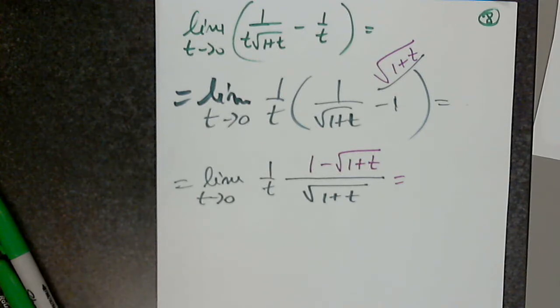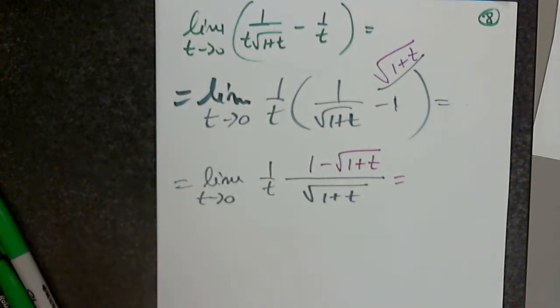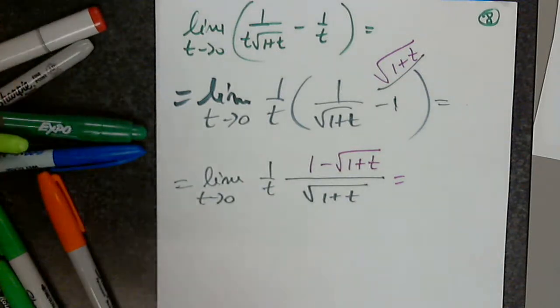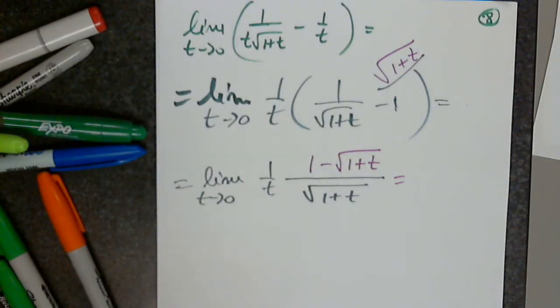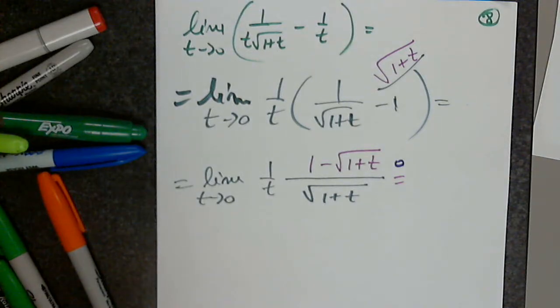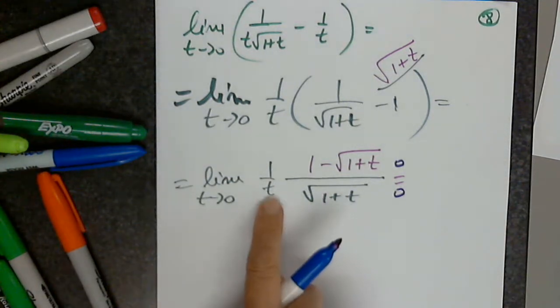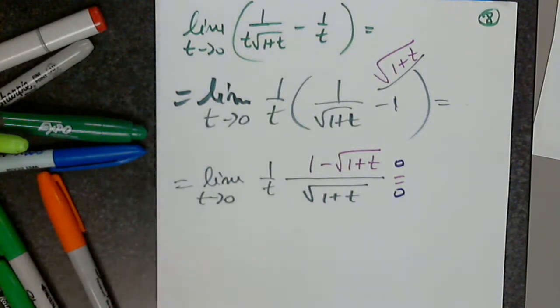Now I'm ready to plug in 0 to see what this is. So when you plug in 0, what do you get? The top is 0. The bottom is 0. So there's a t in front here. However, this is not a factoring situation.